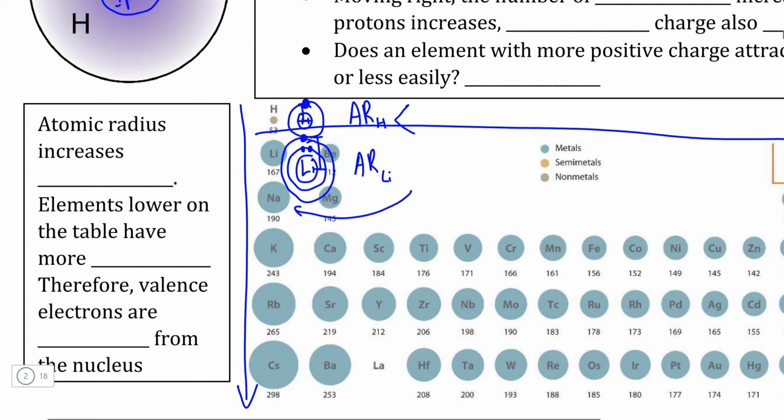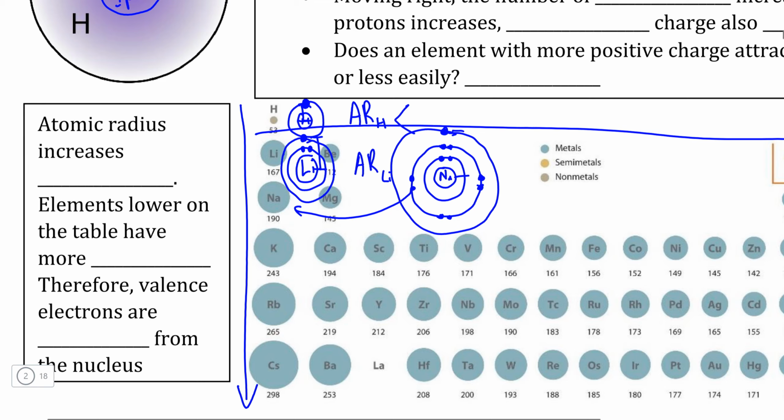Then, if we do the same thing with sodium for an even more extreme example, here is sodium's nucleus. We have the first shell for sodium, which has 2 electrons. The second shell is completely filled with electrons like this, and because sodium is atomic number 11, we can put a third shell out here for the final valence electron.